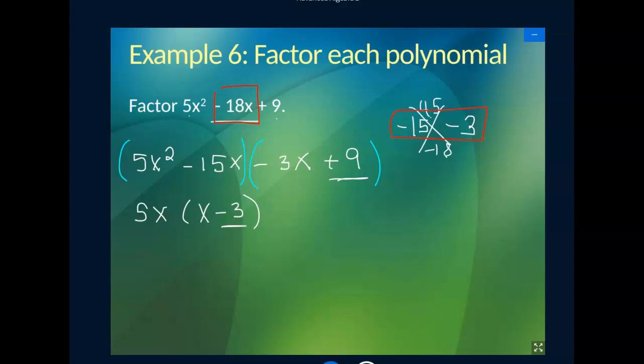Positive, right? So I need to bring out a negative number so I can get that negative 3. So if I divide 9 by negative 3, my GCF is a negative 3. That leaves me with x minus 3, and these terms match.